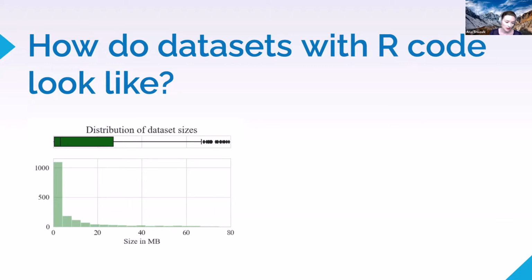Most of them are less than 10 megabytes. Most of them are even less than around 5 megabytes. That shows us this long tail of science, that most of the studies and most of the research is done on small data sets, using small studies.